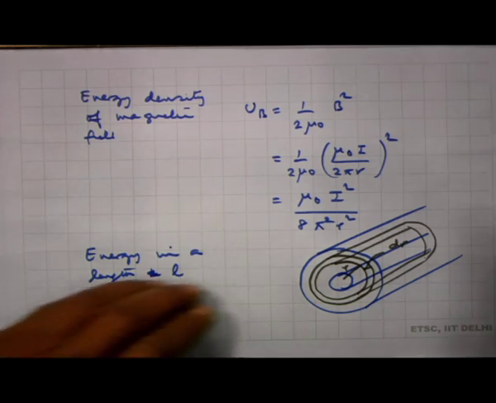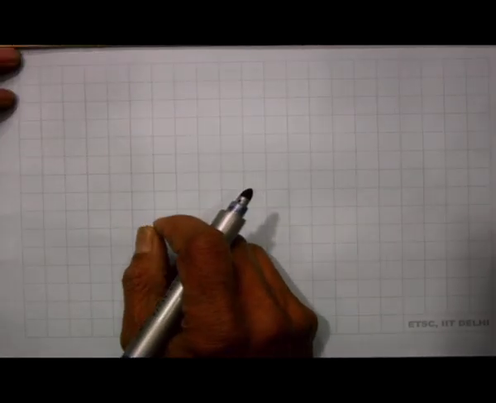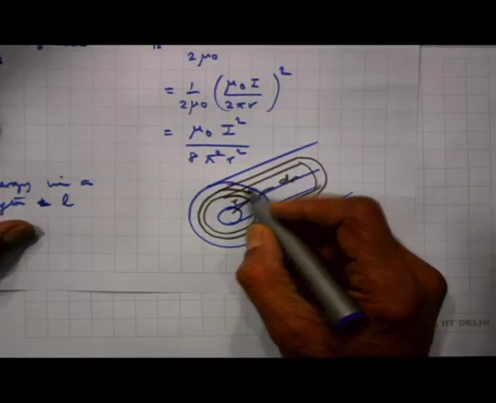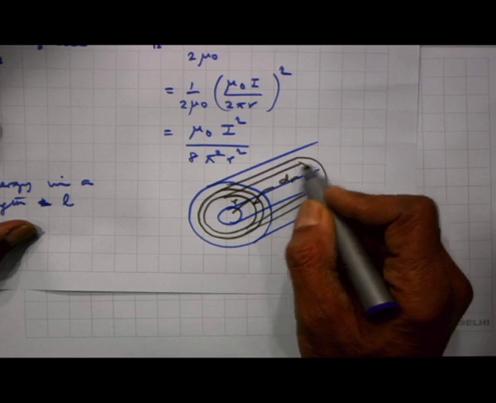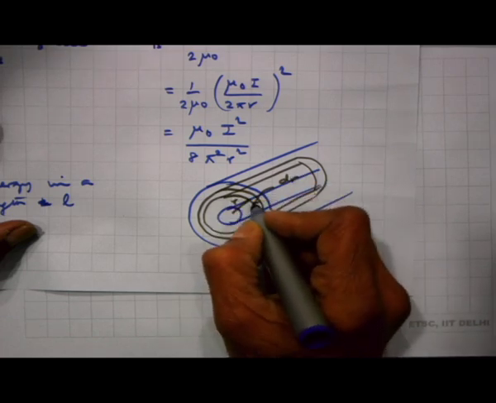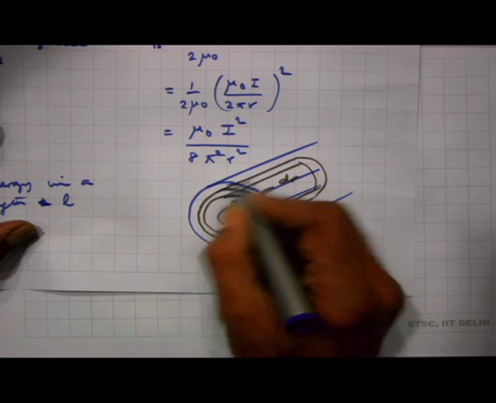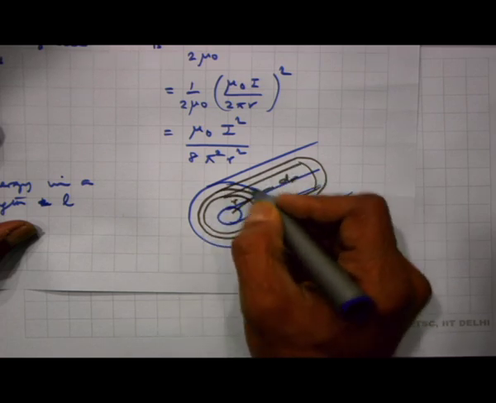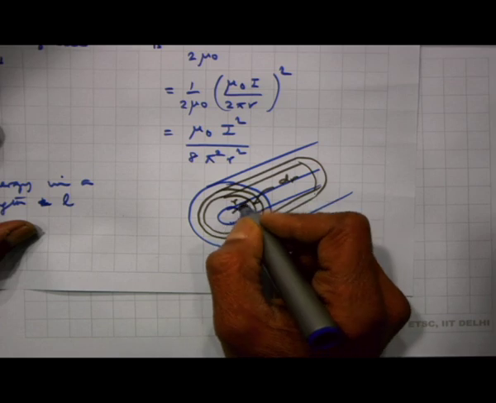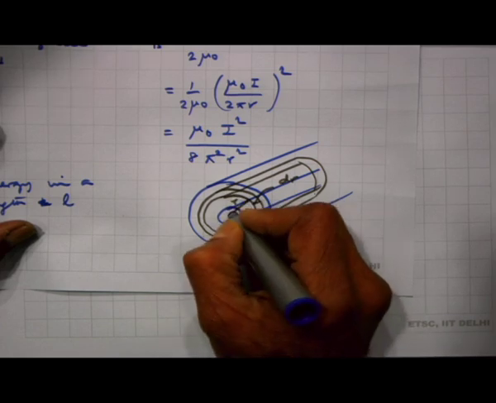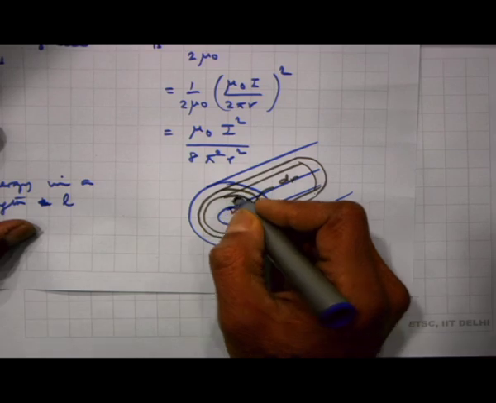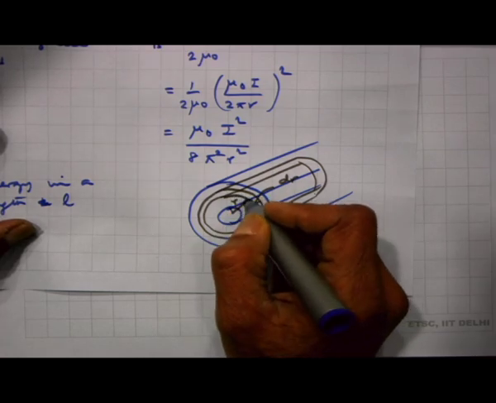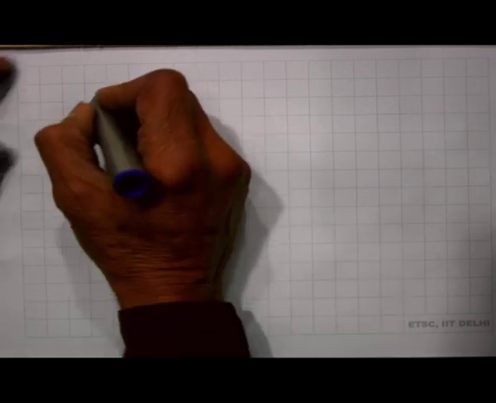So, what is the integration I need to do? There is no variation of magnetic field along the length. So, I take a cross sectional area between r and r plus dr and this volume, and I calculate the energy, and I integrate from r is equal to A to B, that is from the inner conductor radius to the outer conductor radius. So, what is the elementary volume?